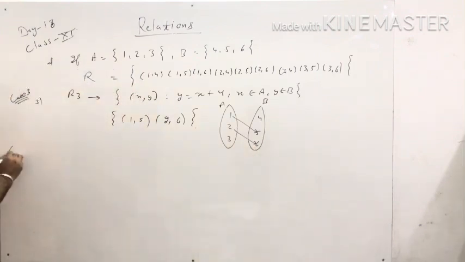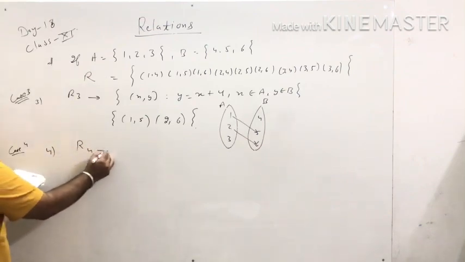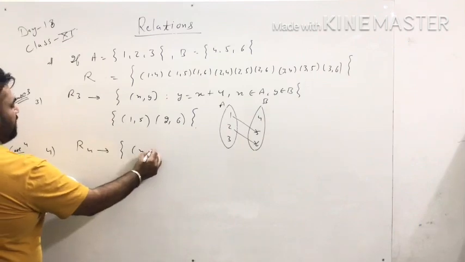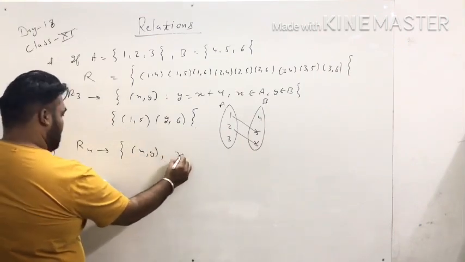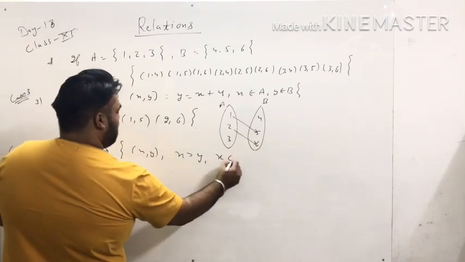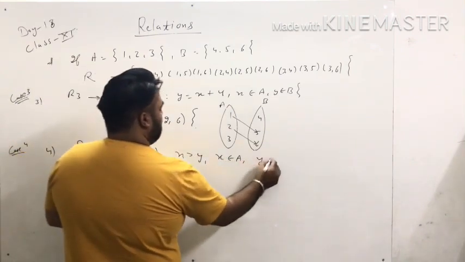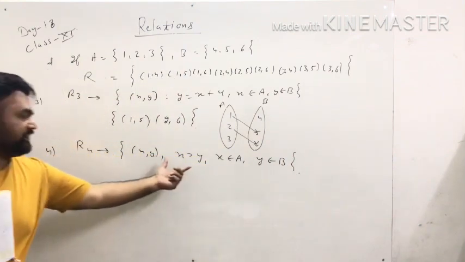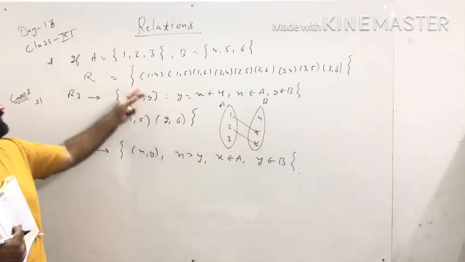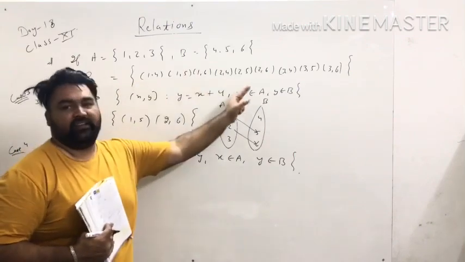Now we shift to case 4. What is the condition related to case 4? R4 such that x comma y, x is greater than y, x belongs to A, y belongs to B. Now what is the condition? x is greater than y. You can see the ordered pairs.